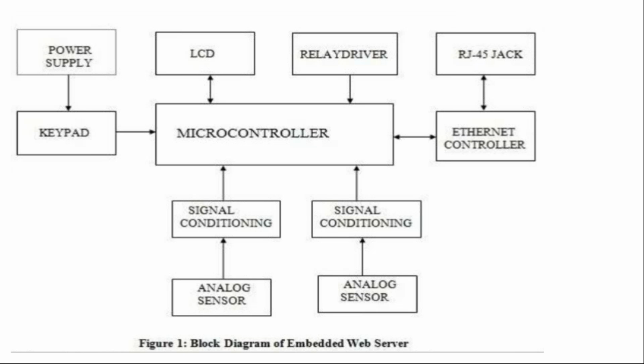And signal conditioning and analog sensor: all these sensors available in the market are analog, and we have to convert that analog sensor signal into digital values and provide the signal to the microcontroller, in the form which is accepted by the ADC.